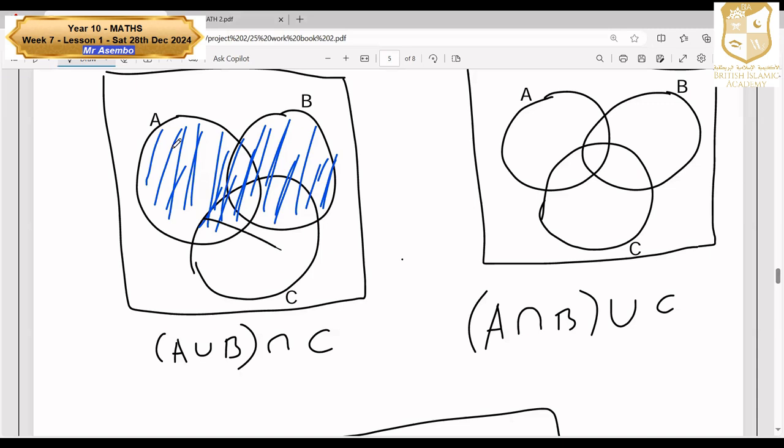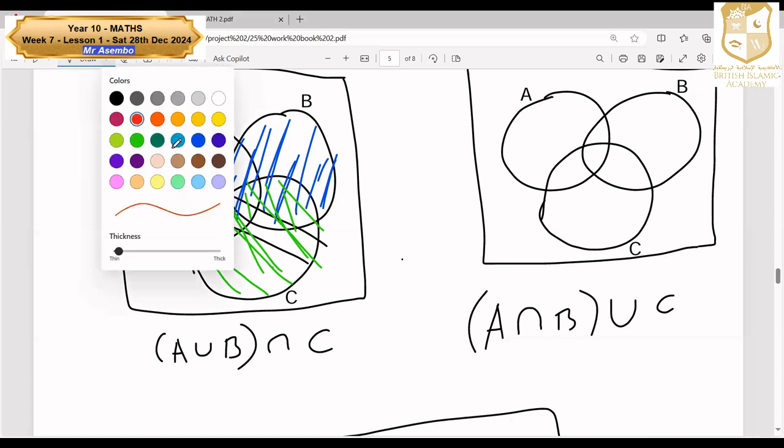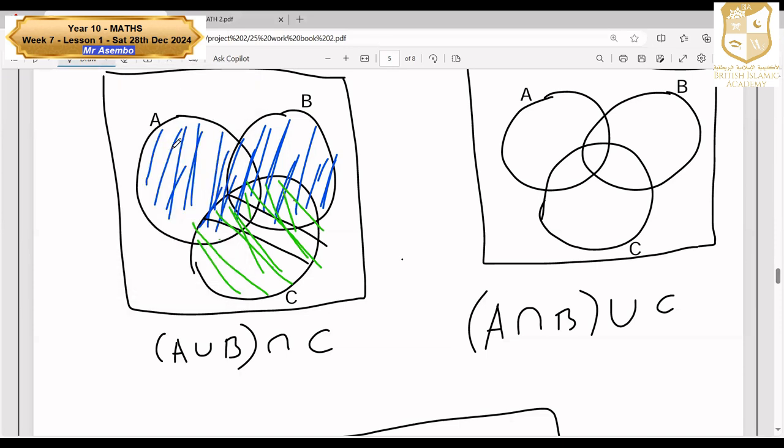Let me use a green one. The C is here, like this. Now, the only part which is being shaded in both cases is this one here. I'll use a red one and shade it. So the only required part is this part here, which is appearing both sides. Okay, so let me rub now and then present it.